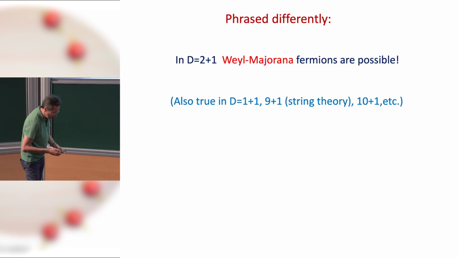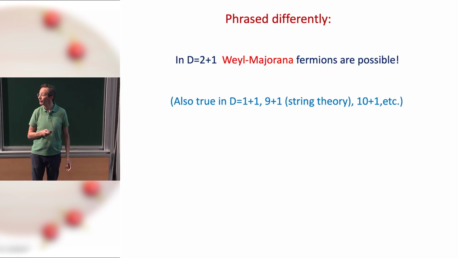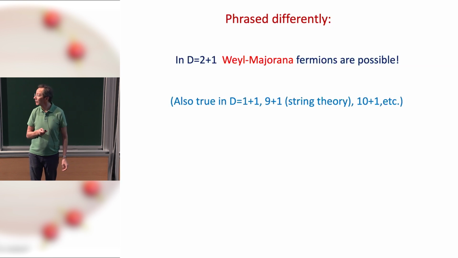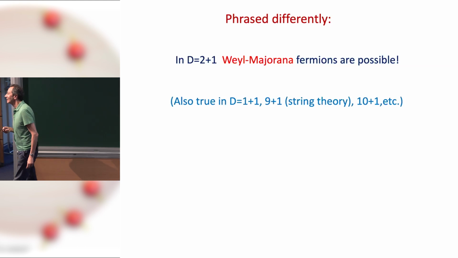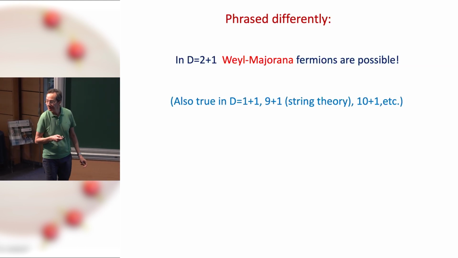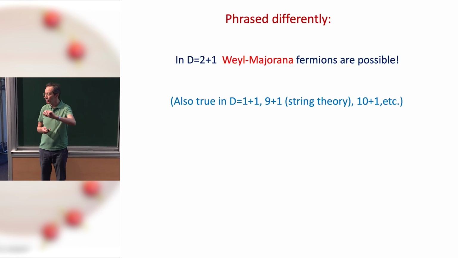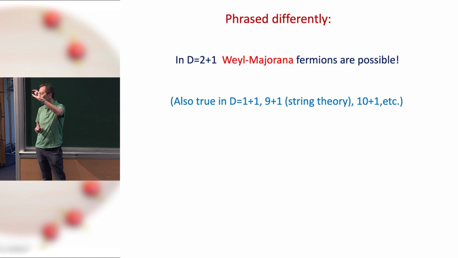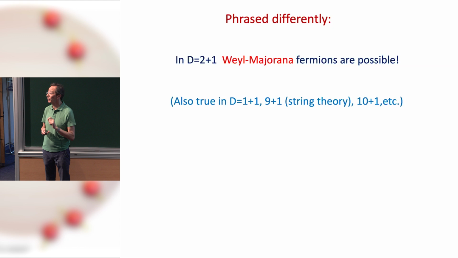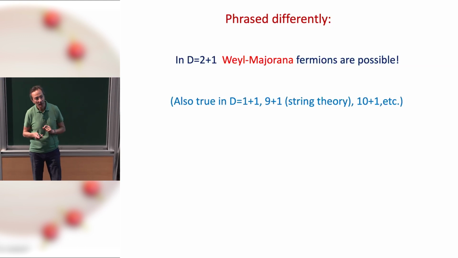So these are all algebraic statements that are more or less trivial. Sorry, in 2 plus 1, you meant just Majorana, or Weyl Majorana? Weyl Majorana. But Weyl only makes sense in even number dimensions. In other words, by Weyl I mean just the minimal representation of the Clifford algebra in that dimension, which is 2 in 2 spatial dimensions. Okay, so it's usually called just Majorana.